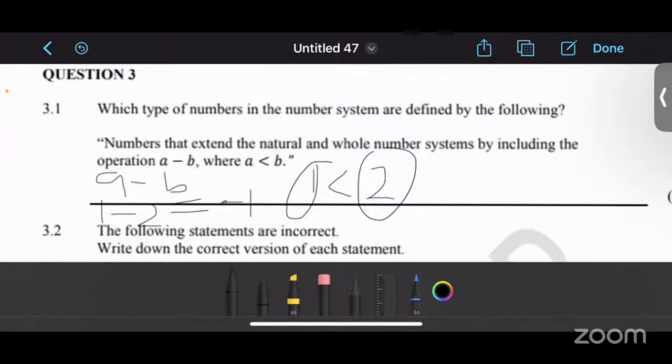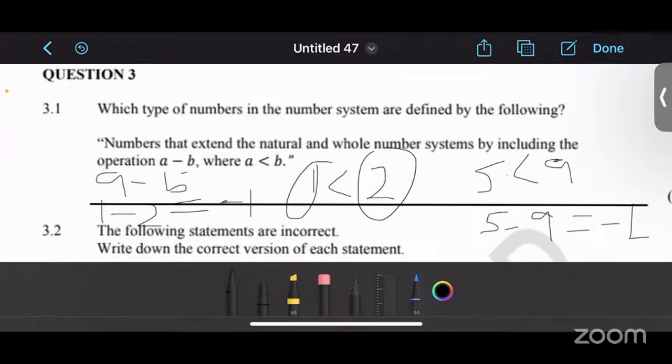Let's say you pick another number. Say a is equal to 5, and for b you choose any number that is greater than a. The numbers above 5 are 6, 7, 8, and the rest. Let's pick 9. So 5 minus 9 is equal to negative 4.